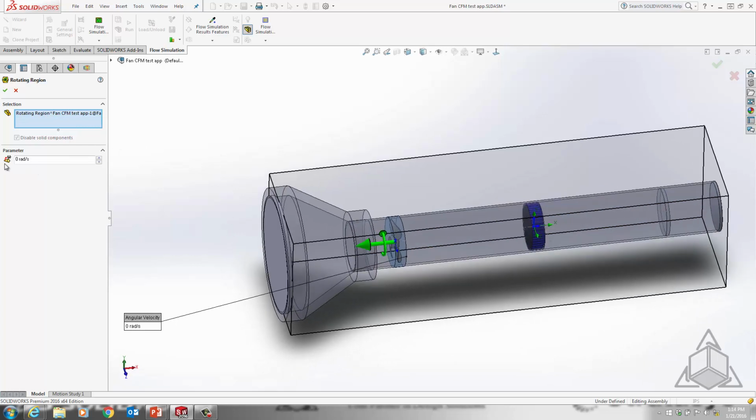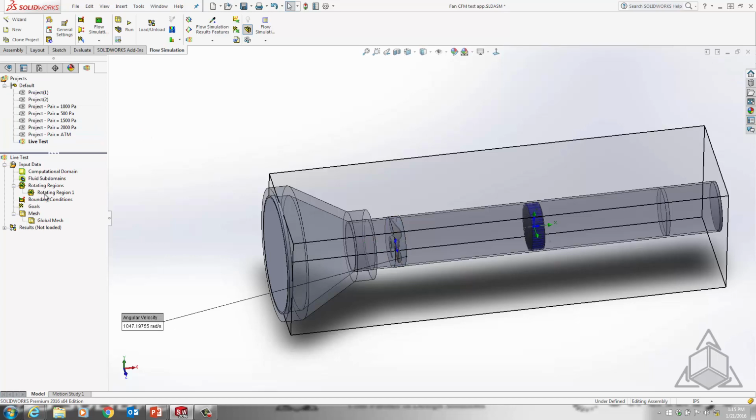And next I'm going to set the parameter. Now for this, I did mention earlier that I wanted to be in RPM, but I did not change that angular velocity unit to RPM. I have it at radians per second. Well, that's not a problem because SolidWorks will automatically convert that for me.